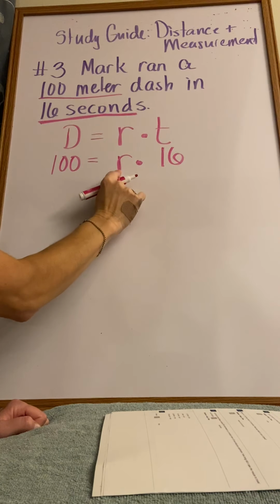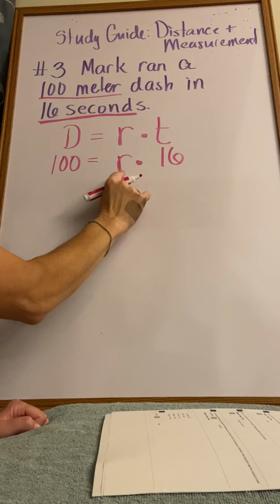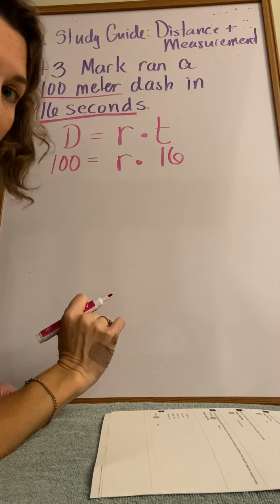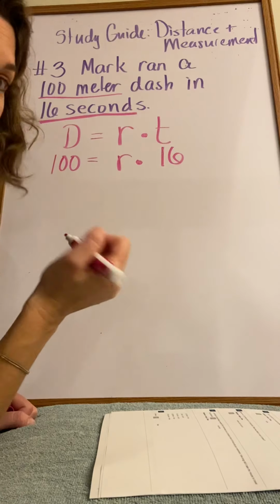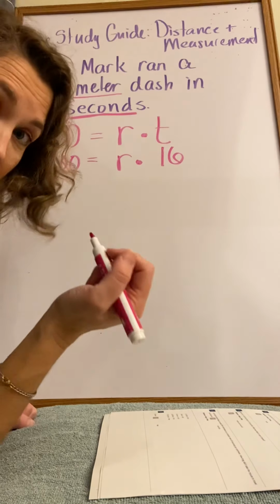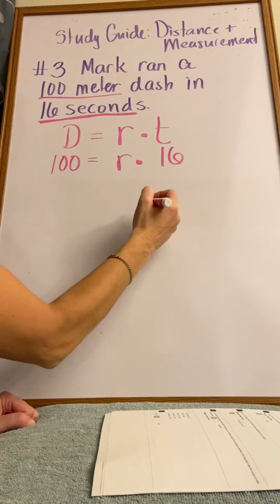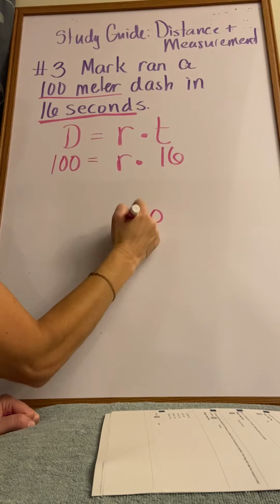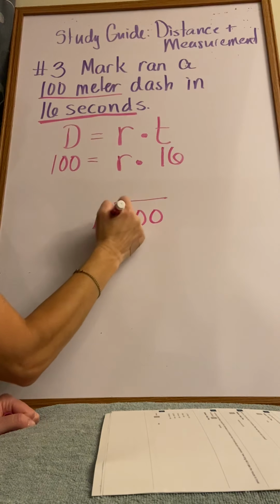It's the rate times 16, but we're missing that number. But we have the answer. So how can we figure that out? We can do the opposite of multiplication, which is, I know you said it, division. Good.